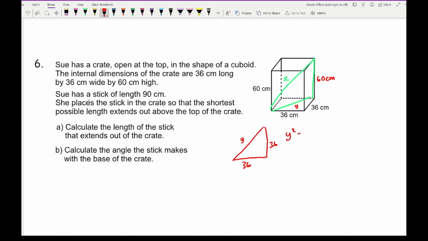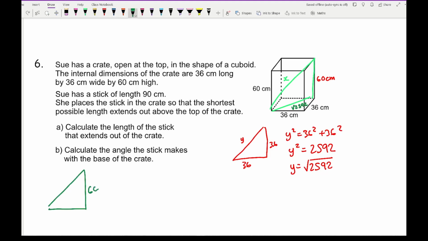So y squared equals 36 squared plus 36 squared. Reaching for my calculator, 36 squared plus 36 squared equals 2592. So y equals the square root of 2592. So what I can then do is rub out y and label that as root 2592. Then if I take that green triangle out, let's actually use green, I know that this length is 60.